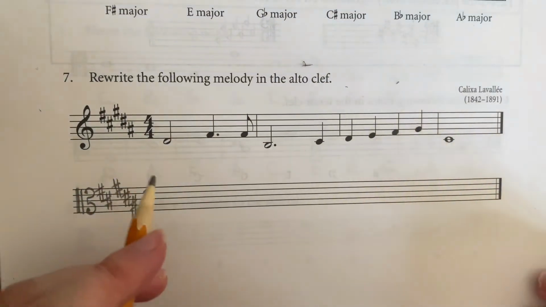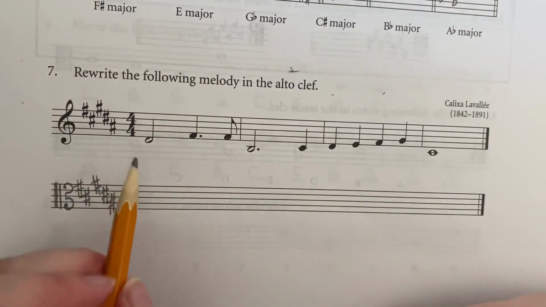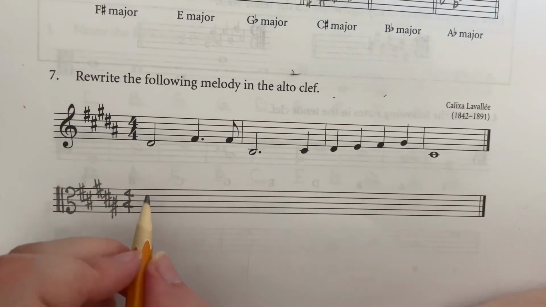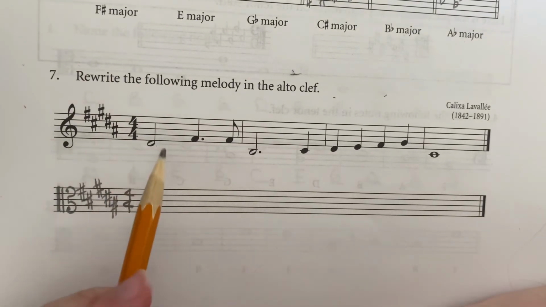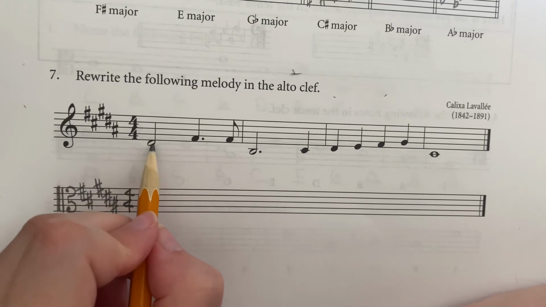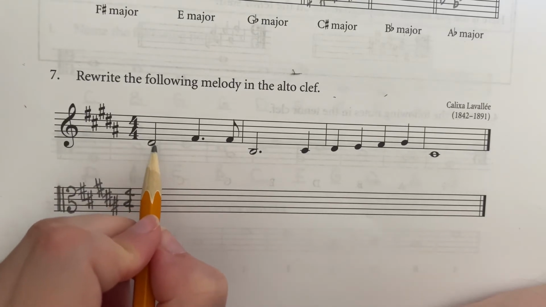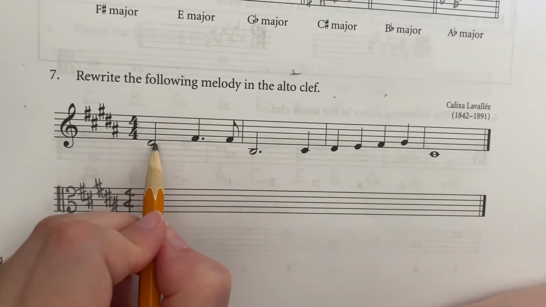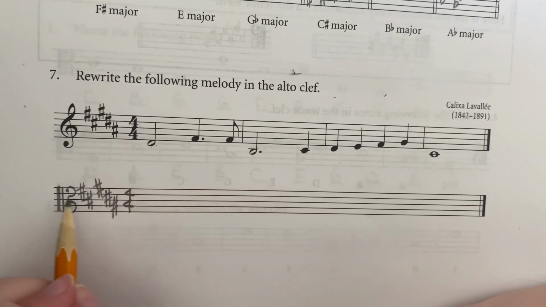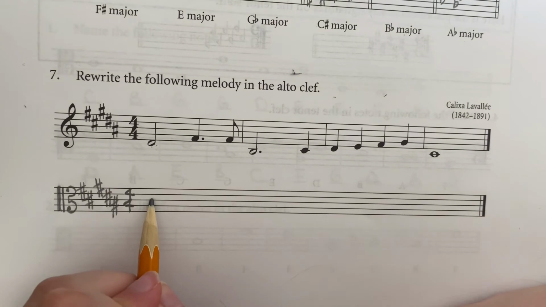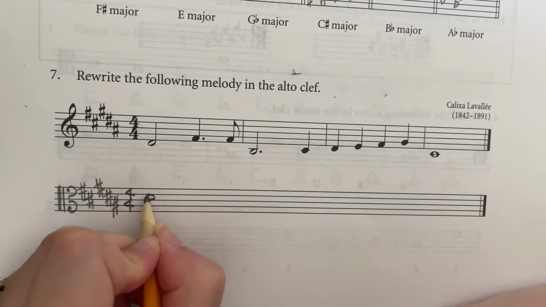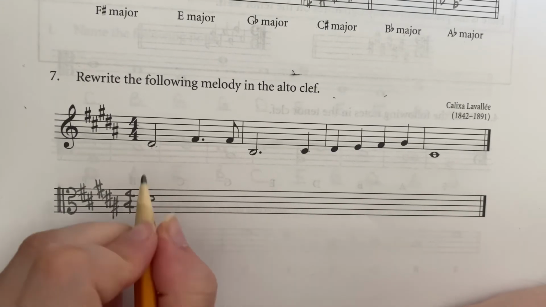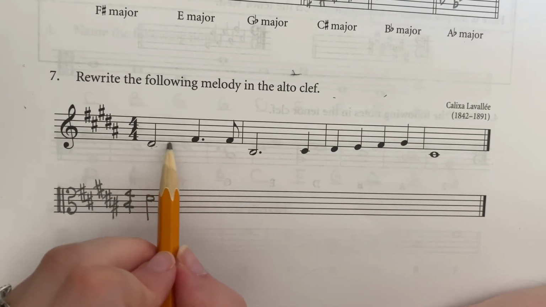Okay, so D is the first note. C, D, okay, and this is one above middle C, so it should be one above middle C in the alto clef. So middle C is on the third line, so the D has to be written here. Okay.